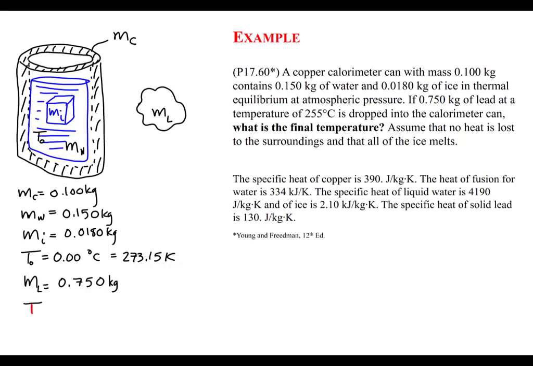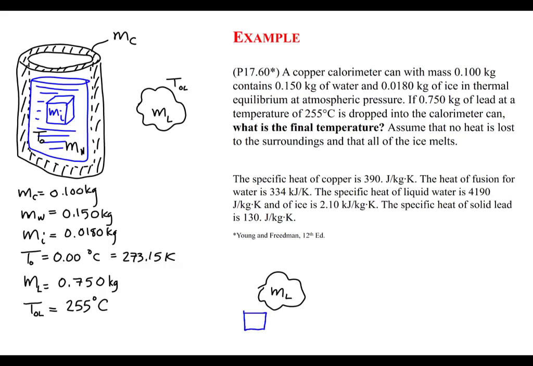The lead is at an initial temperature, which I'll indicate as T sub 0 L, at 255 degrees Celsius. So the lead is dropped into the calorimeter can. So I'll indicate those items in our system.